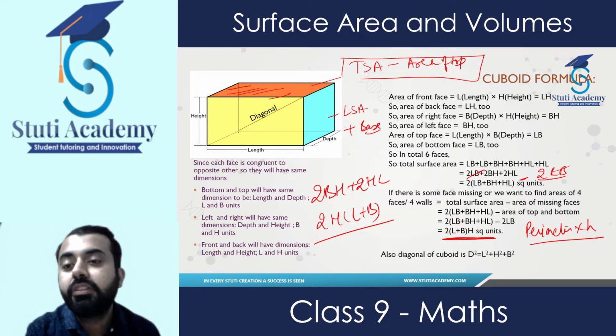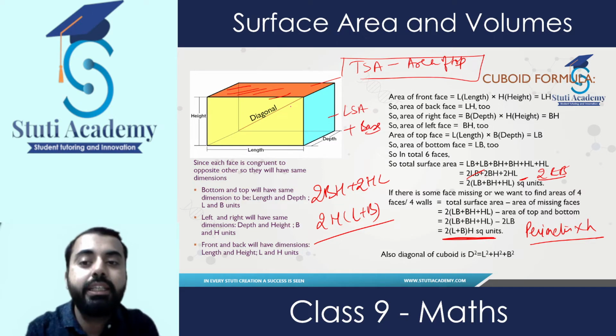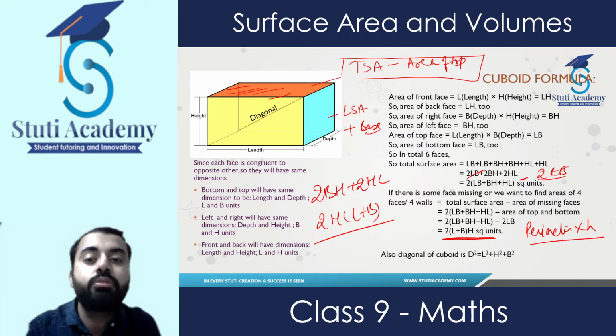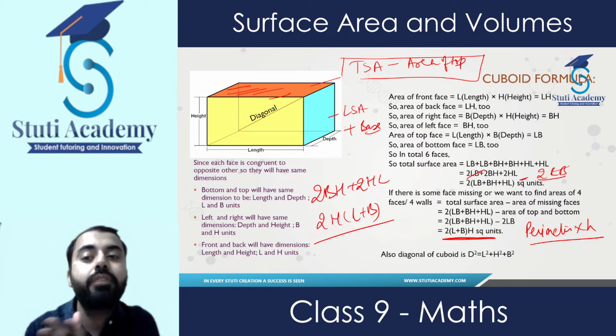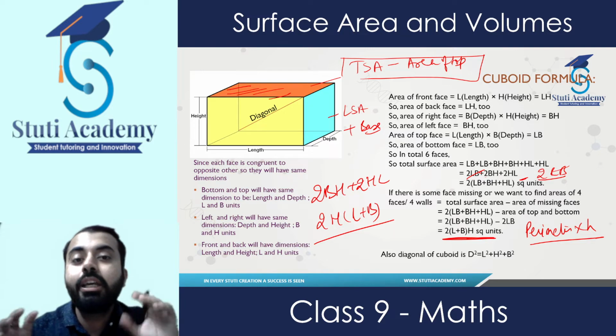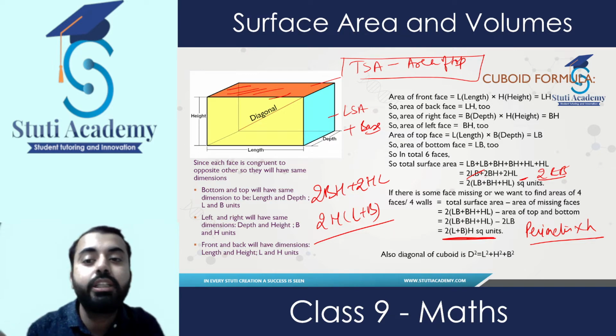The lateral surface area is the area of four walls. Either I add the area of the extra face that I want to my lateral surface area, or remove the area of that face that I do not want from my total. These are the two possible ways to calculate the area of any figure where certain faces are not considered.